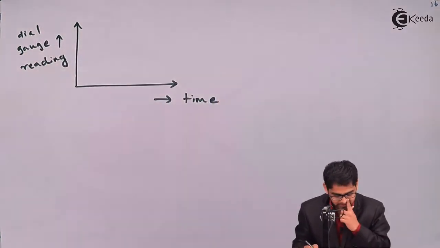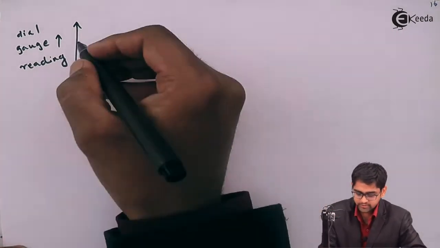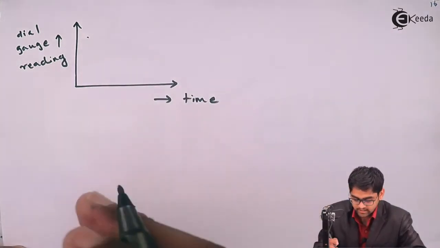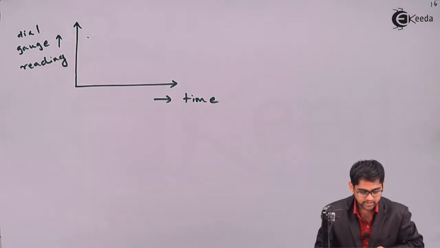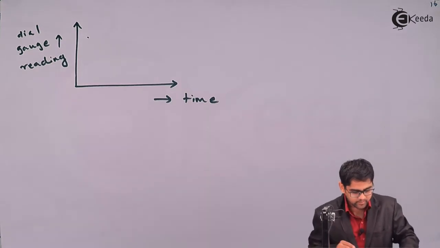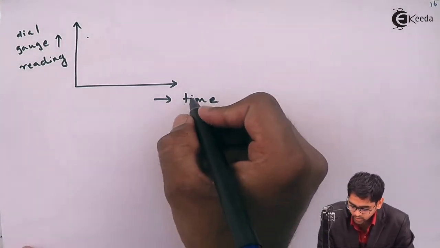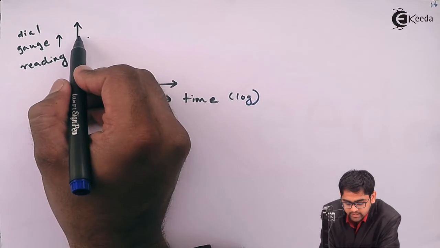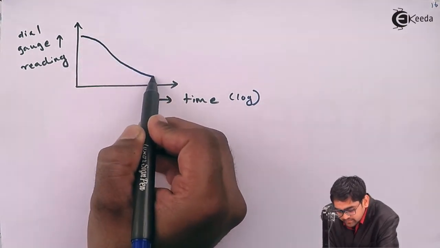Suppose at a particular value of 25 kPa, at the 24th hour you will get one dial gauge reading, and as the test progresses, you will get a consistent amount on this curve. If you plot this dial gauge reading versus the time on a logarithmic plot, you will get an S-shaped curve like this.